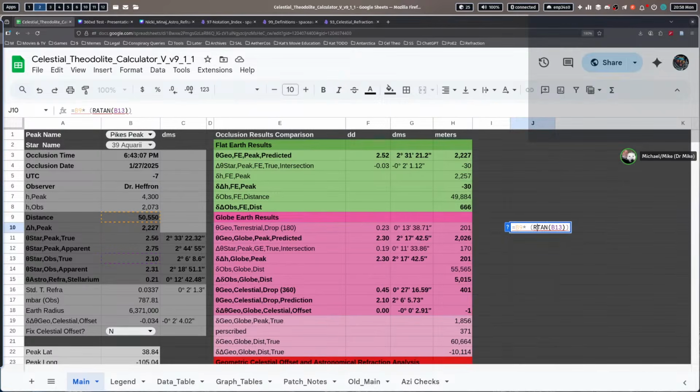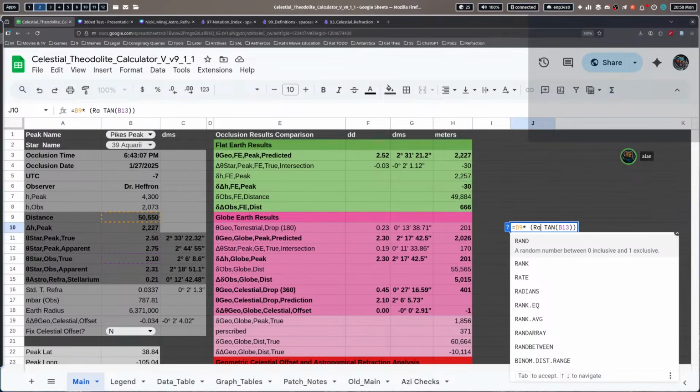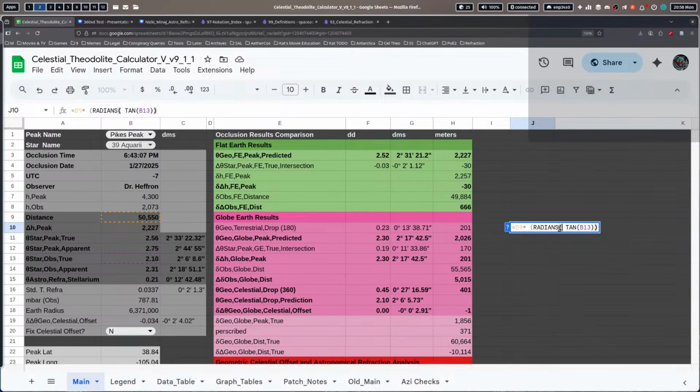Why isn't it auto completing? There we go. I think radians is on there. It should be on the inside of the tan, not on the outside. So in here, like this. It needs to be around the B13.